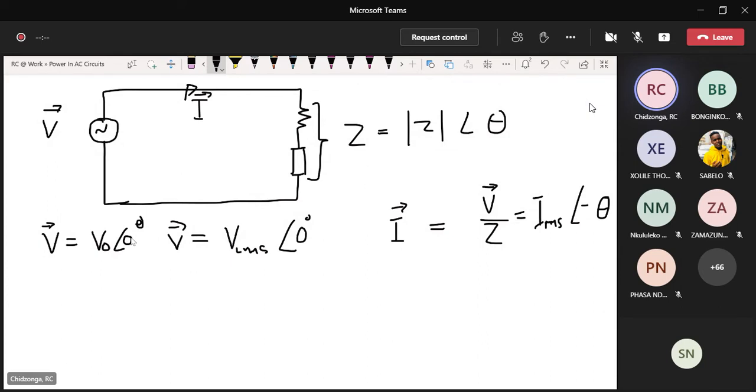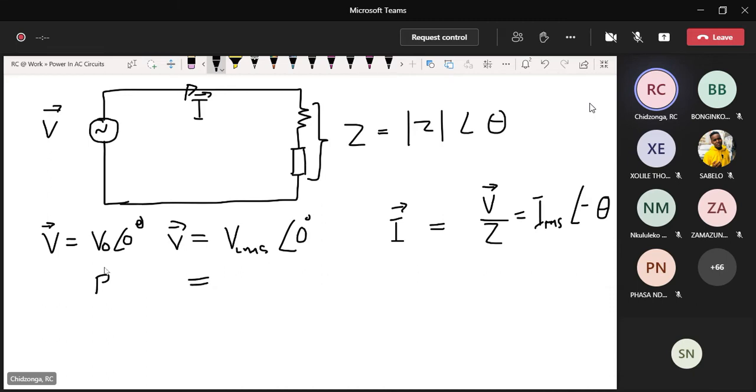Now, what I want to say very quickly is that when we do AC analysis, when we define power, P, it is not going to be exactly this.